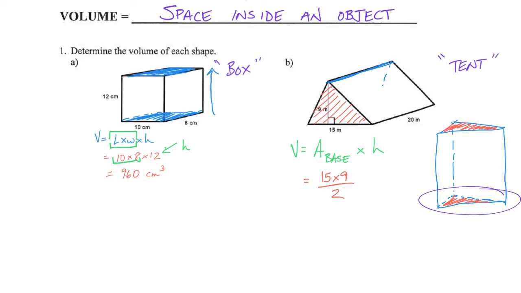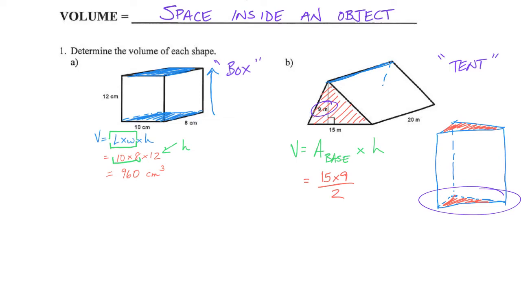It's kind of weird at times because we may mistake this 9 for the height of our tent, because we would call that the height. Especially when you look at it, if you were to ask somebody, hey, how tall is your tent? You'd probably say 9 meters.